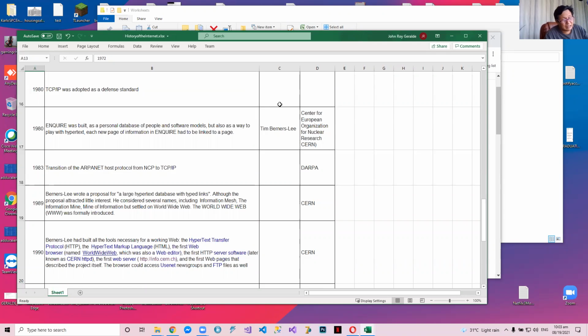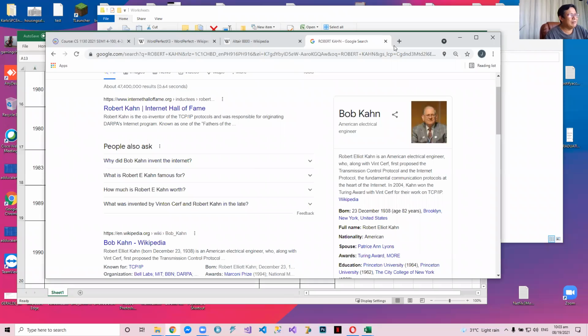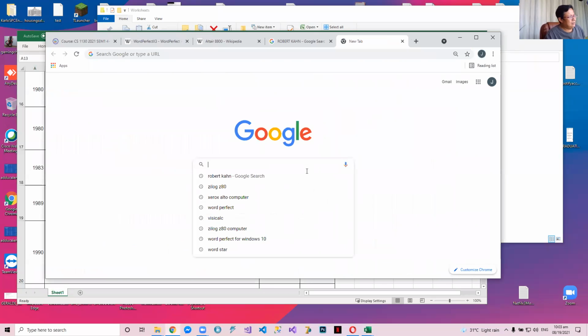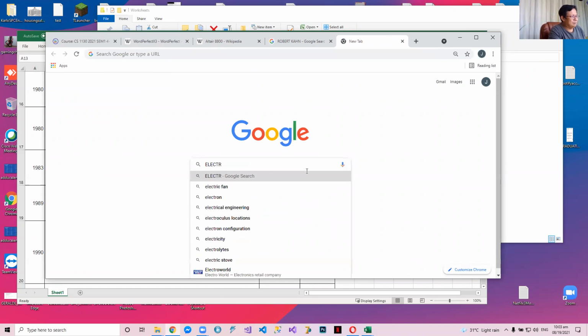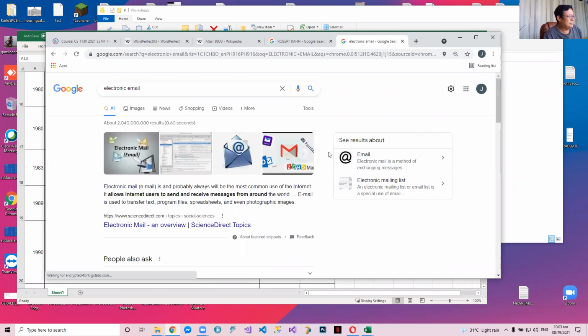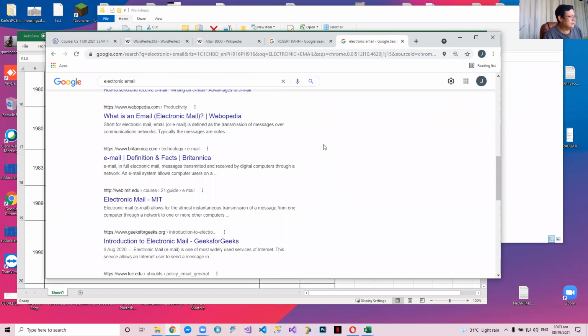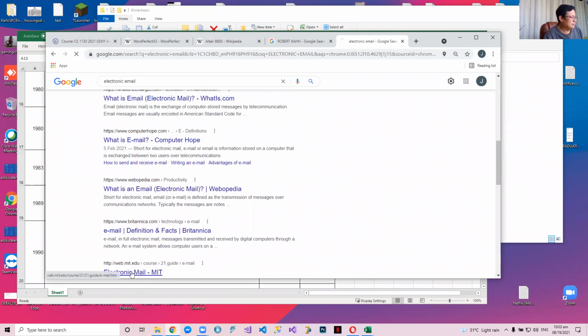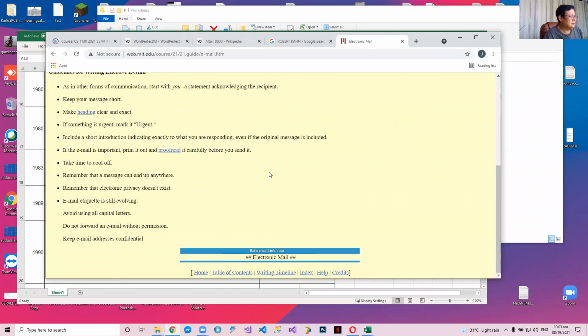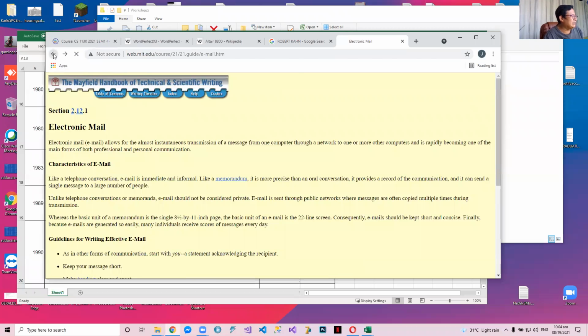Now, it's not like Thunderbird or Outlook. The first email application is text-based. I have used it myself. Electronic email. It's like this.